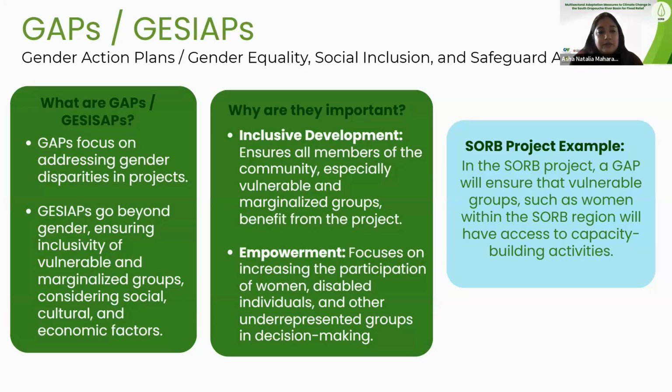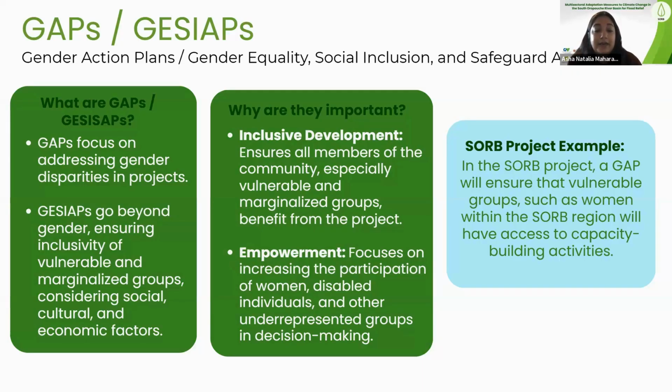So why is this important? Because we need to make sure that everything we do is inclusive and responds to the needs of certain groups, individuals, those who are more vulnerable. And therefore, it makes sure that the benefits that come out of the project are as equitable as possible. And then empowerment as well. We're focusing on increasing the participation of certain groups that are found, based on the initial risk assessments, to be more at risk.